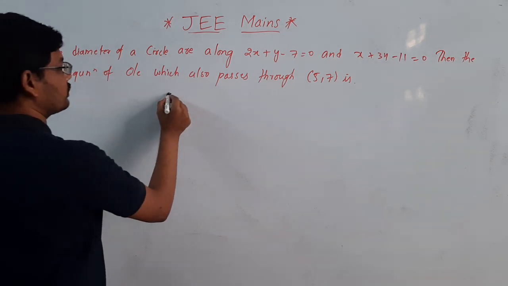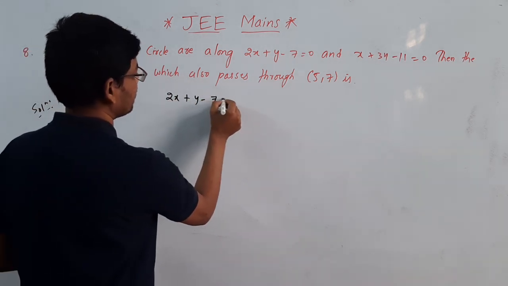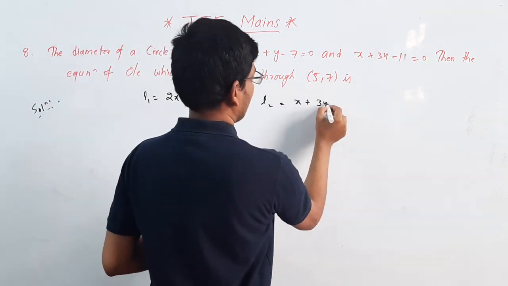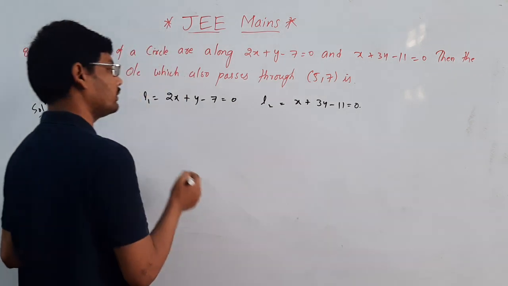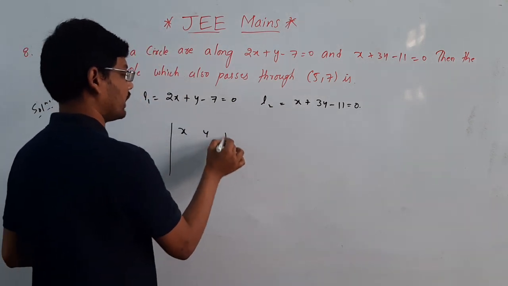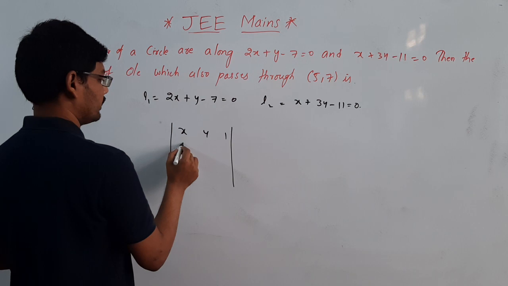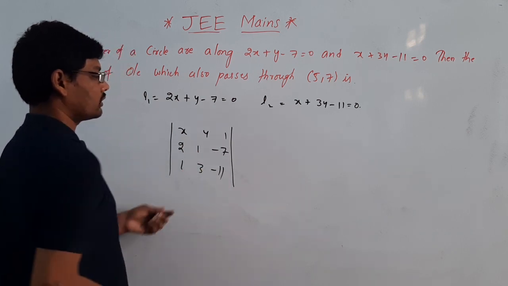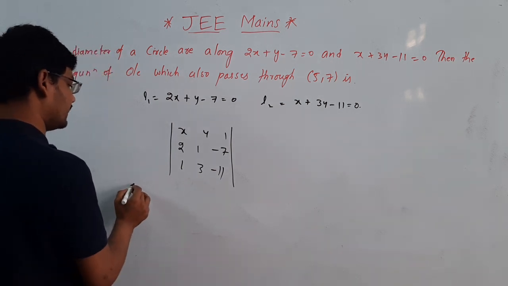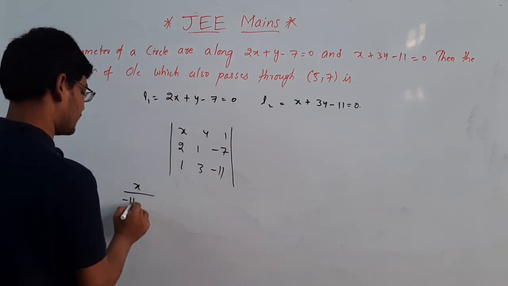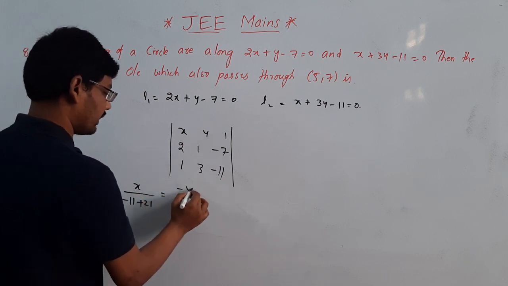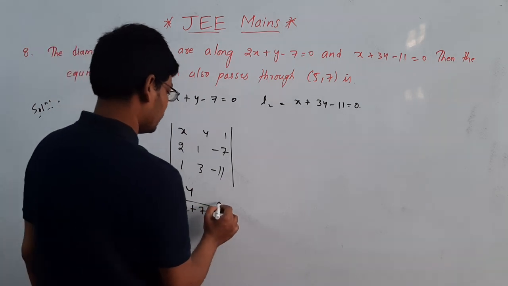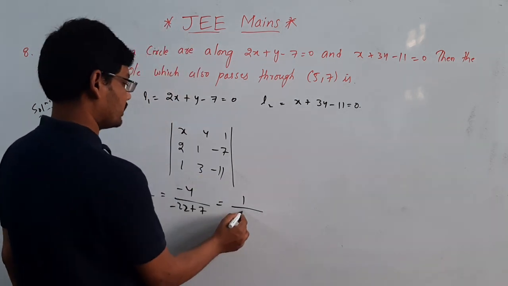He has given two lines: 2x + y − 7 = 0, this is L1, and x + 3y − 11 = 0, this is L2. I am finding it in determinant manner with x, y, 1. So here 2, 1, −7 and 1, 3, −11. So that we can find the x and y values, that is the center. x by (−11 + 21) = −y by (−22 + 7) = 1 by (6 − 1).